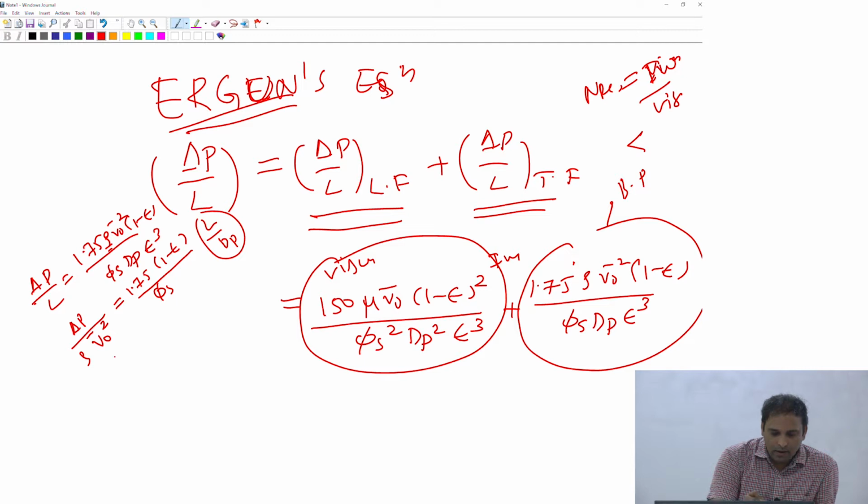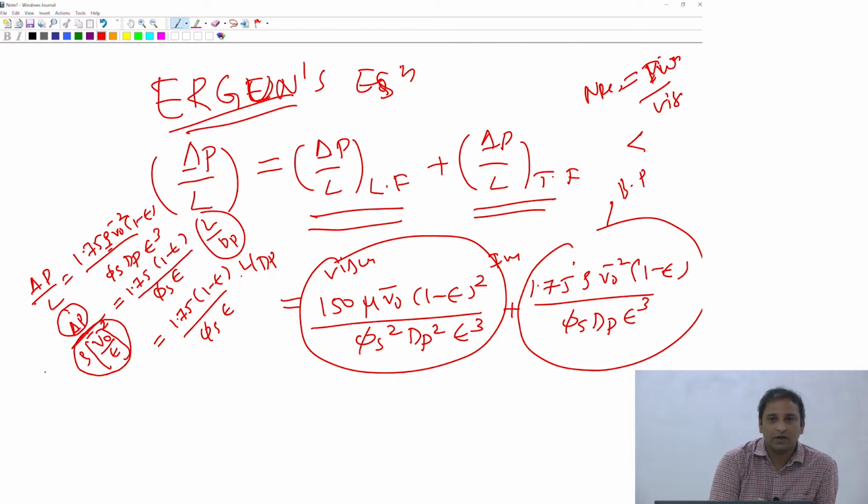I've also taken the epsilon cube to the other side, and I'm going to take v naught bar square divided by epsilon to this side. So I end up with something like this: 1.75 into (1 minus epsilon) into phi s into epsilon into L by dp. Now this is the pressure loss, and this is the, can you identify this?